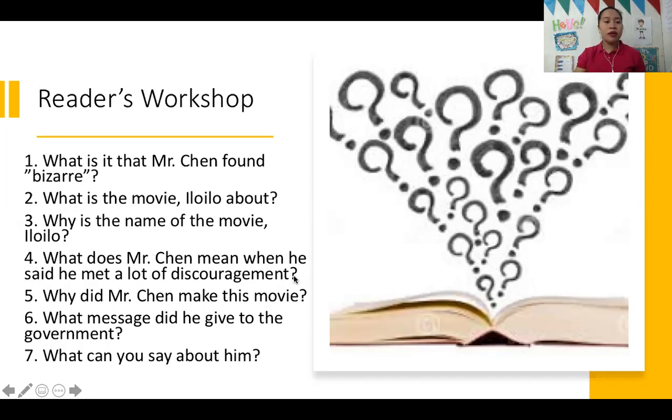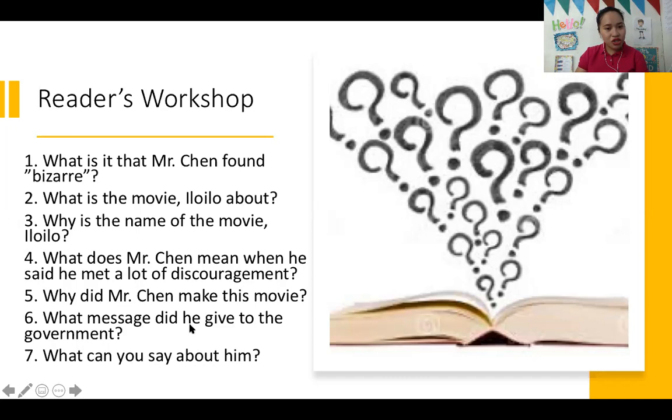Discouragement is the negative statements, negative words that people throw at you when you're trying to do something that you think is a good move, but for other people, it isn't. Number five, why did Mr. Chen make this movie? I hope you find that out later.